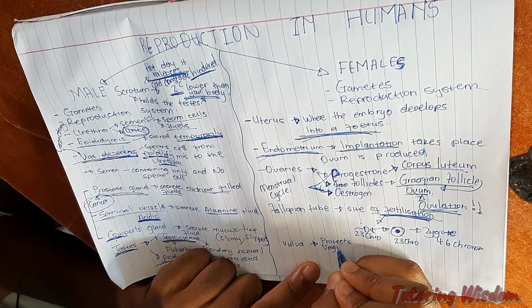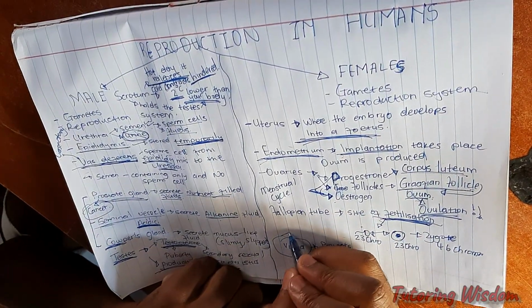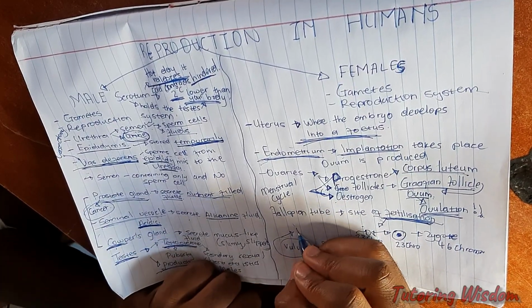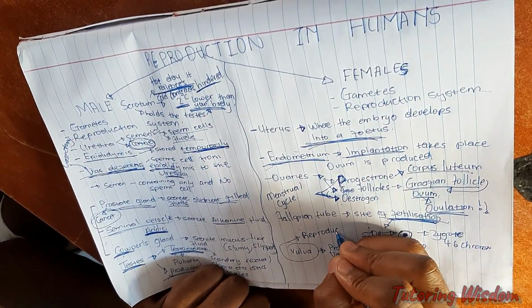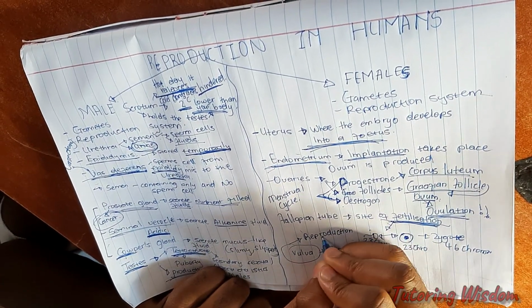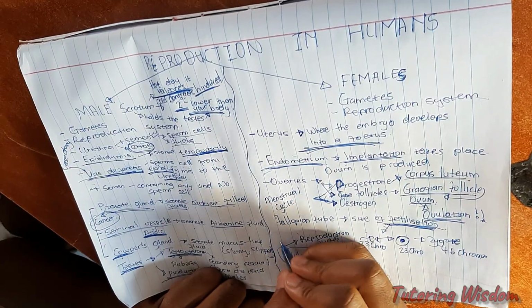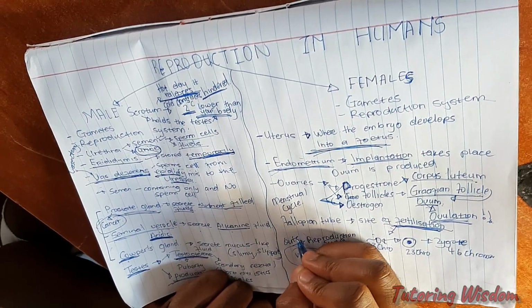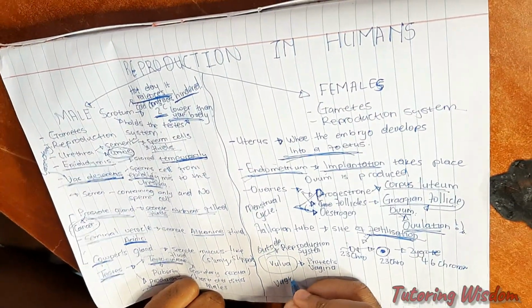So it actually protects the vagina. This is the lining outside of your reproduction system, right? It's outside your reproduction system. And then your vagina, that's the next part.